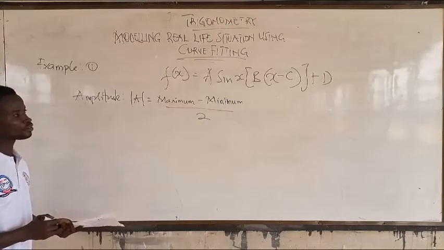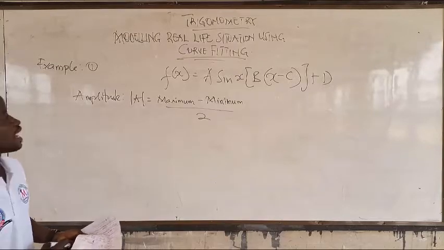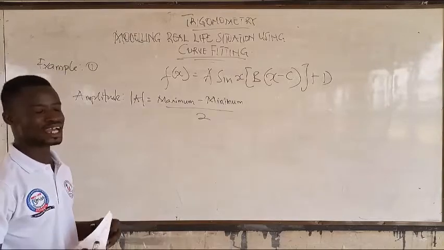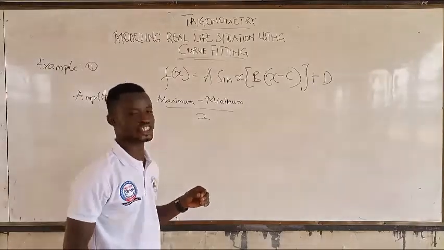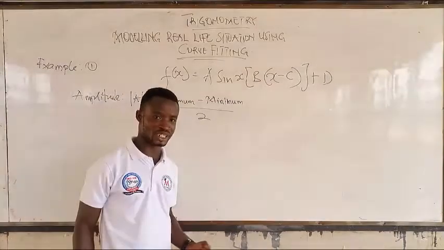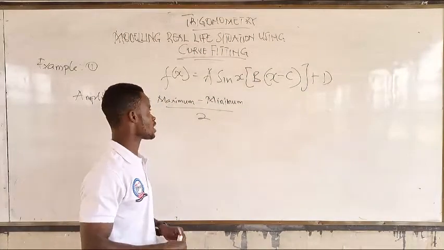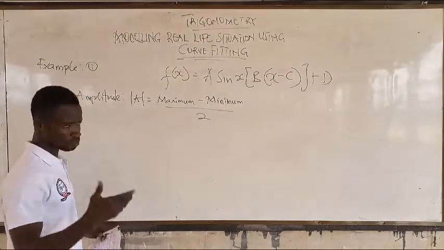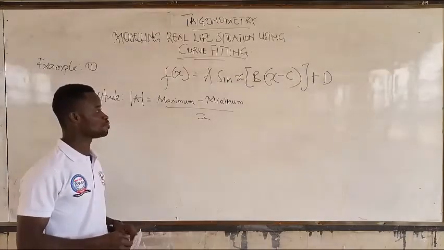Alright? Very good. So that is how we find the amplitude. Now, that is the maximum temperature and the minimum temperature. That's what we are going to look for here. Very good. So, what is going to be the maximum temperature?